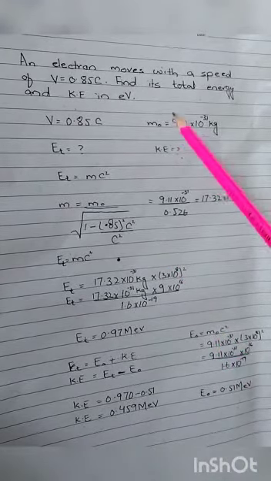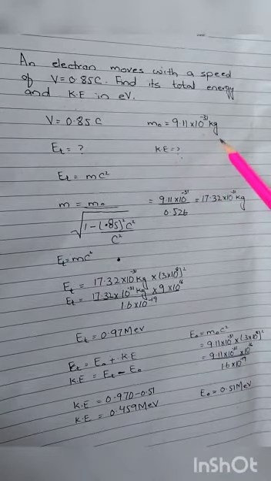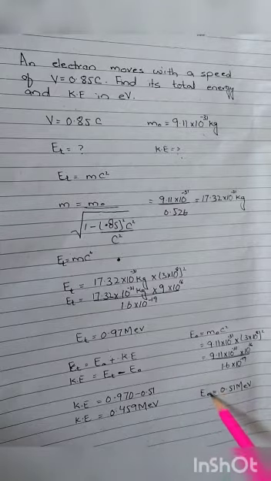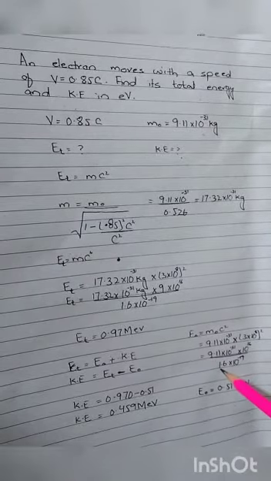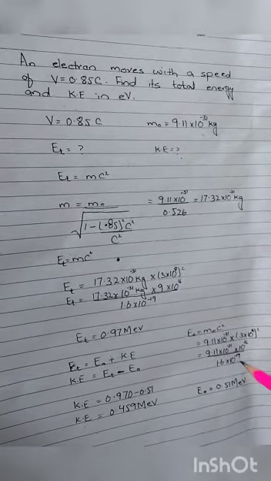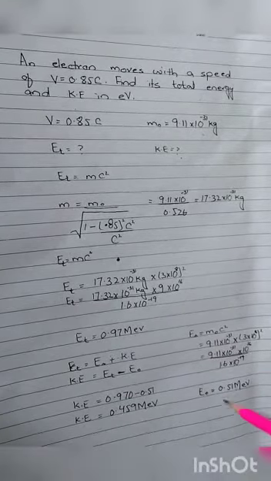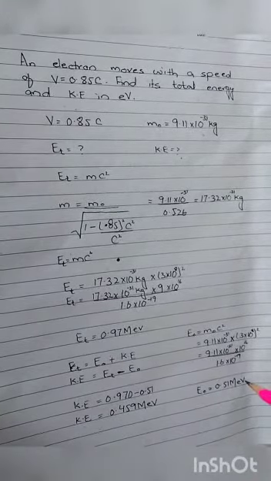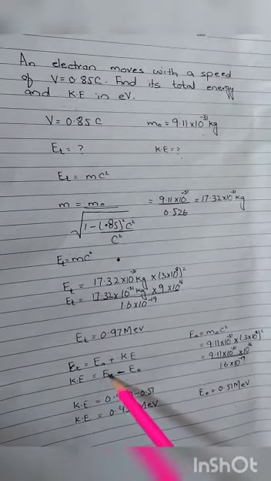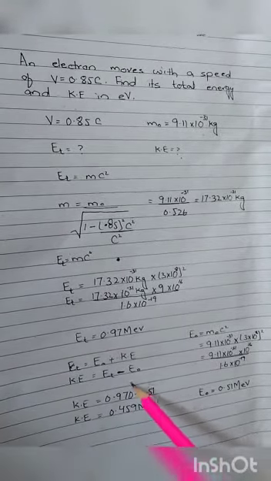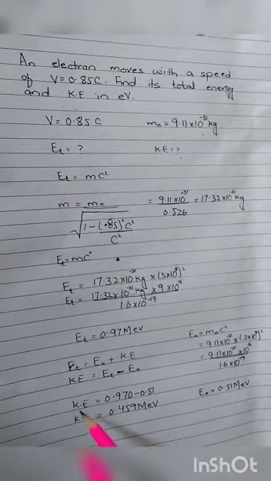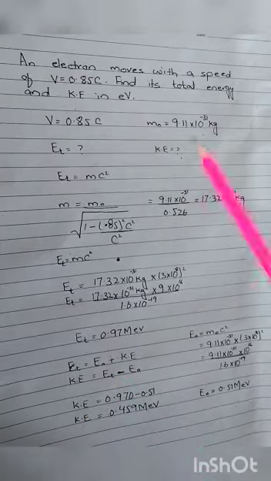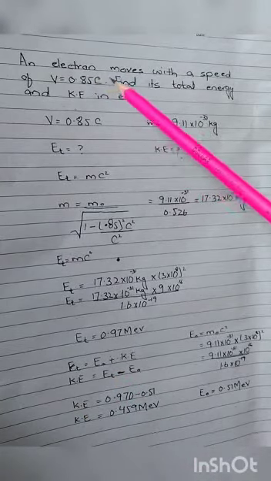So by putting rest mass equal to 9.11 into 10 power minus 31 kg, you find the value of the rest mass energy associated with the electron. Again the value you get in joule, you divide by 1.6 into 10 power minus 19, the charge on the electron, and the value will come in electron volt. Now by putting the value of total energy of the electron and rest mass energy of the electron, you find the kinetic energy associated with the electron when it moves with speed 0.8 times the speed of light.